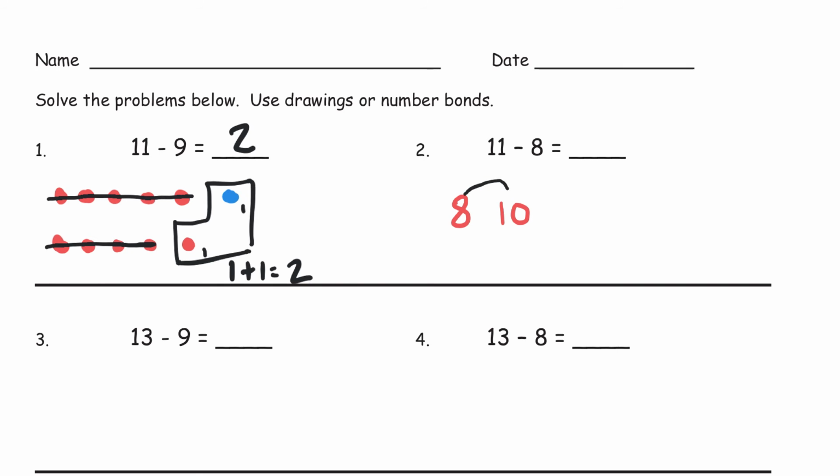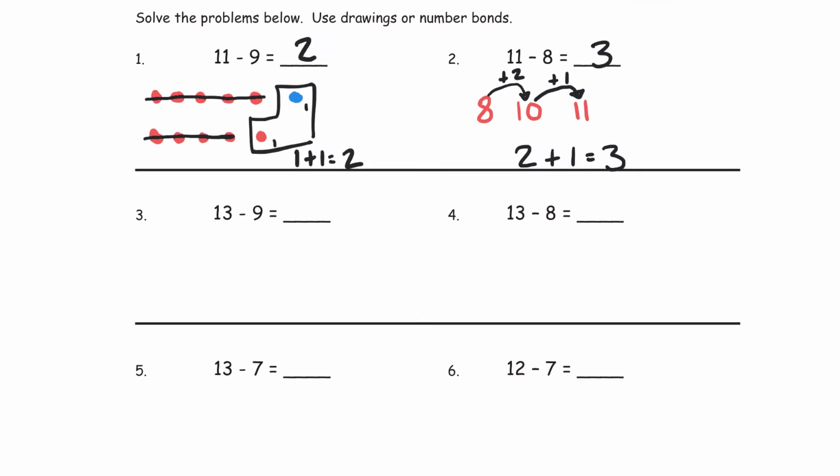So 8 to 10 is 2. And then I'm going to go to 11. So 10 to 11 is 1. So now I can add it up. So 2 plus 1 is 3. So I'll plug that in right here, 3.